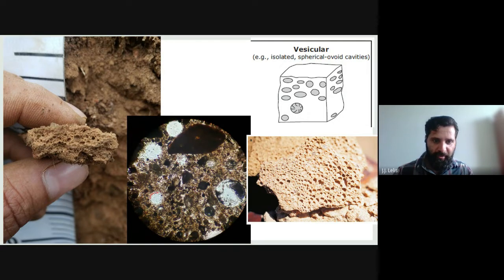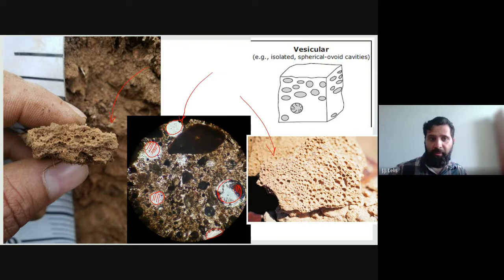You can easily see here and here and here, like bubbles. And here, in this case, we have some material, this dark material that is infillings, okay? And here, the photo is cut in half, but we can see here these vesicular voids.